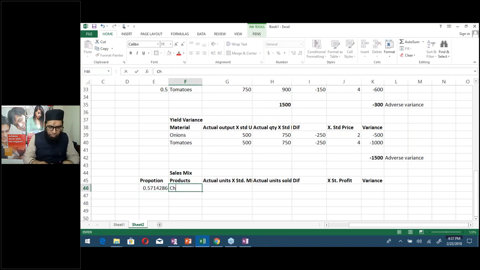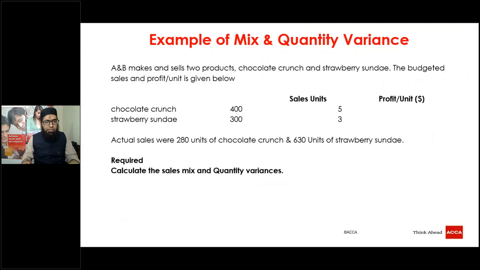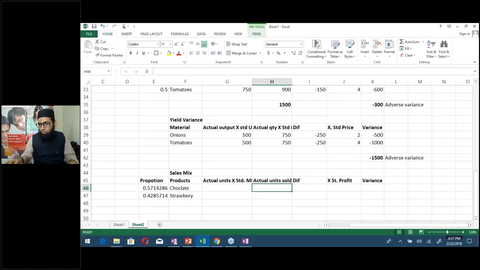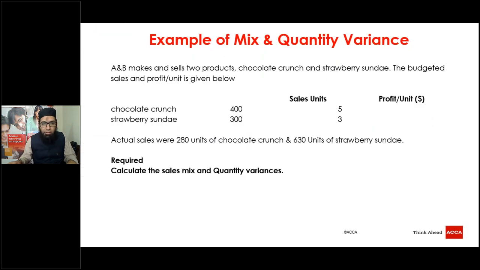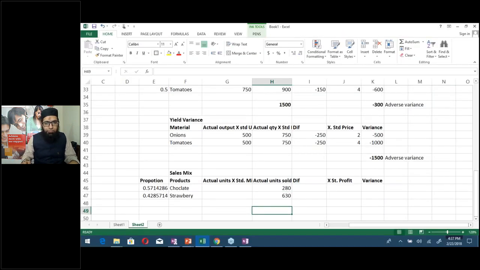The other product is strawberry, and this will be 300 by 700. This will be my standard proportion. The actual units sold provided in the question are 280 units of chocolate and 630 units of strawberry. And I will make the total.